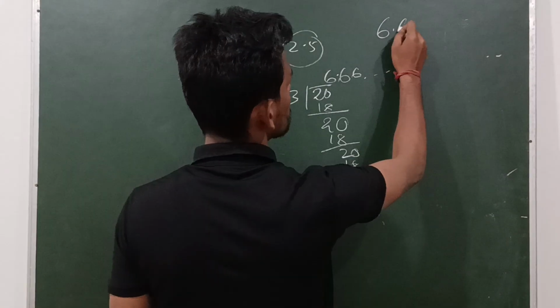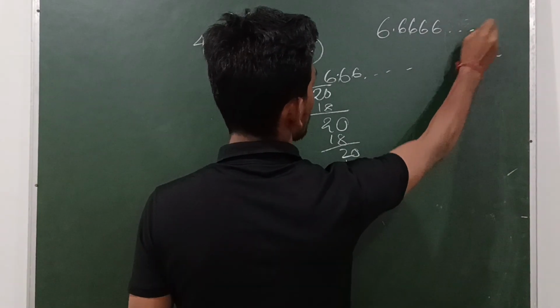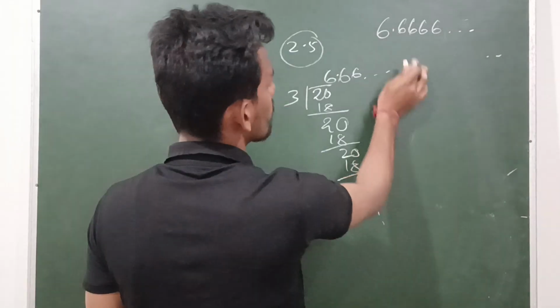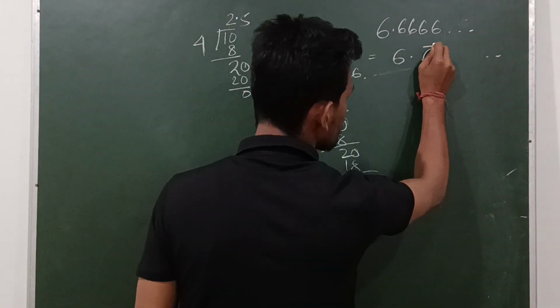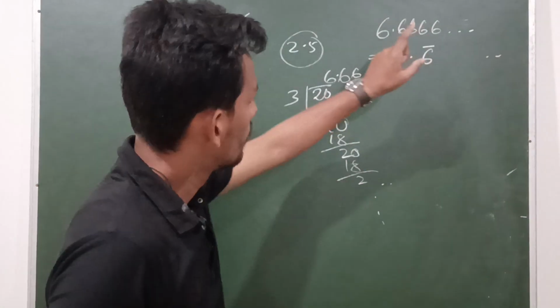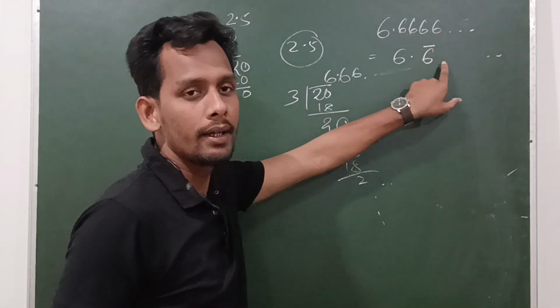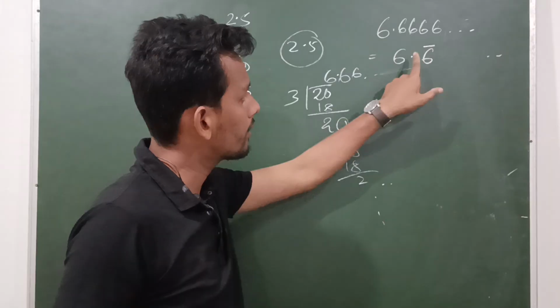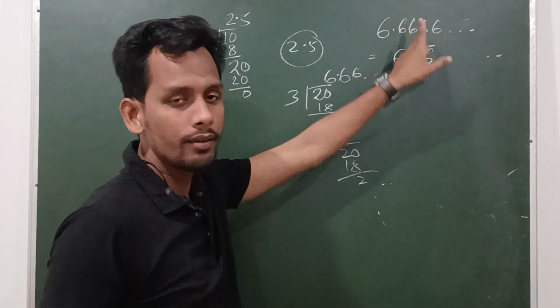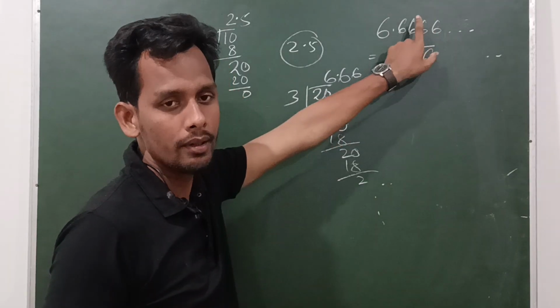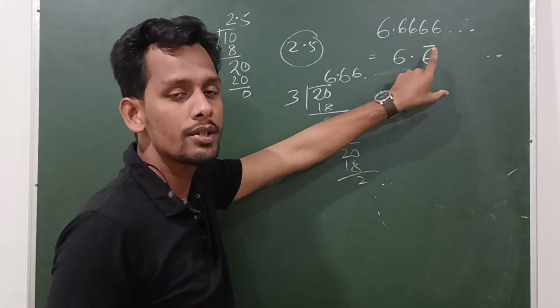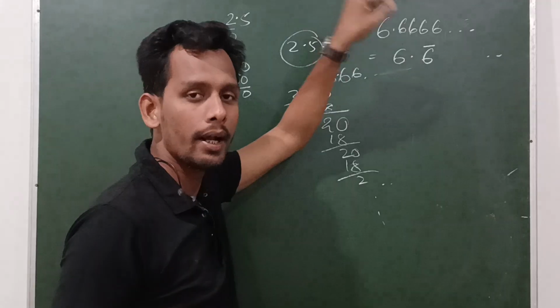This number 6.6666, you can also write as 6 bar. For the digit which is repeating, you can write one digit instead of all the digits, but you have to put a bar above the digit that is repeating.